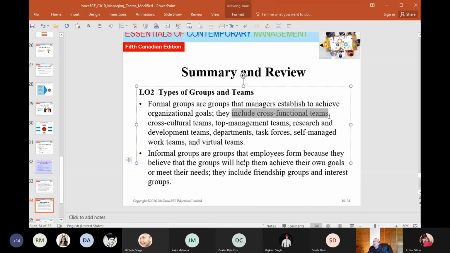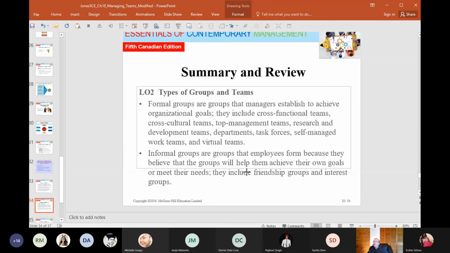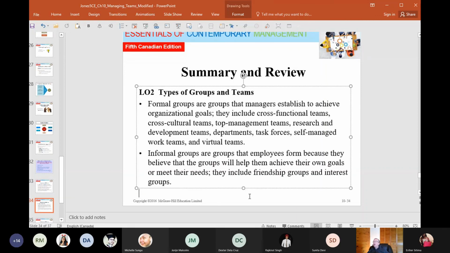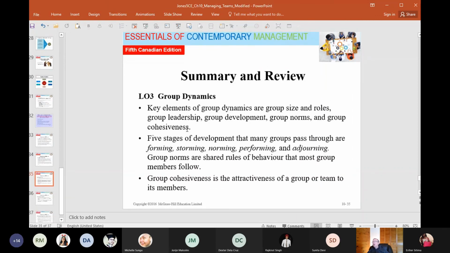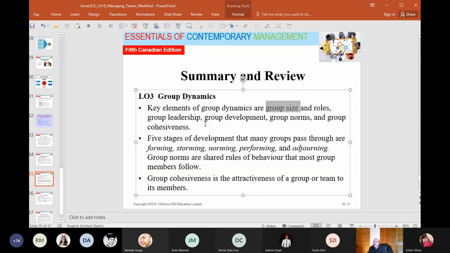And also, we can say that group dynamics are important elements of group performance. Group dynamics means having the proper group size. We can think about group development, group norms, and cohesiveness as important elements of group success.